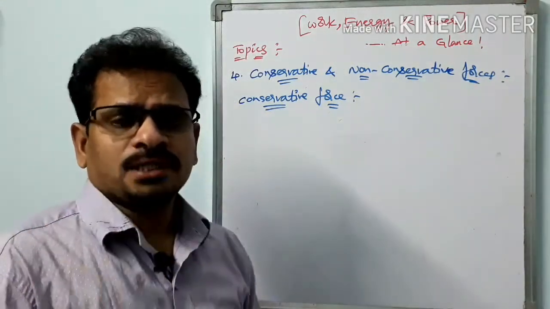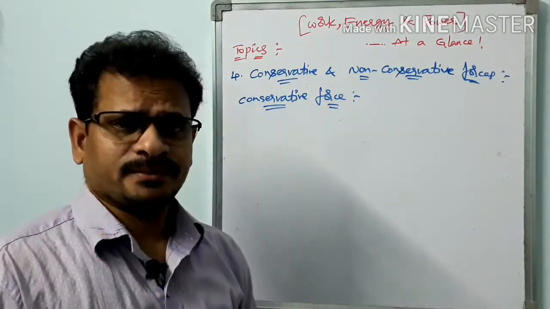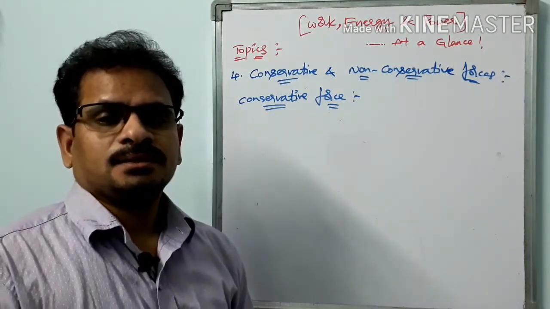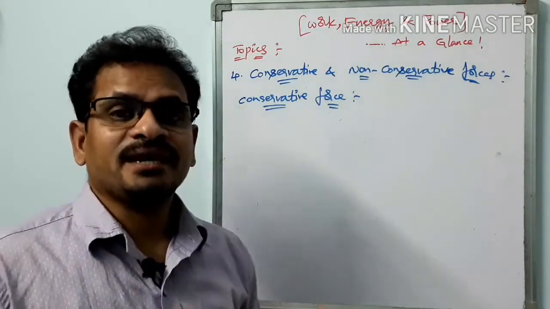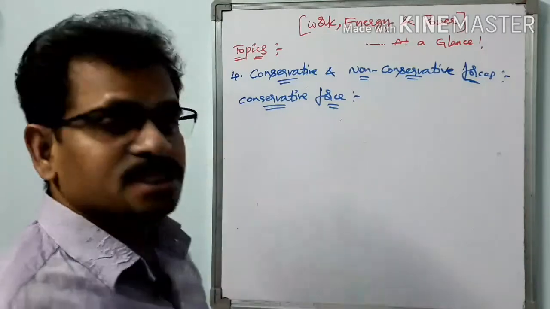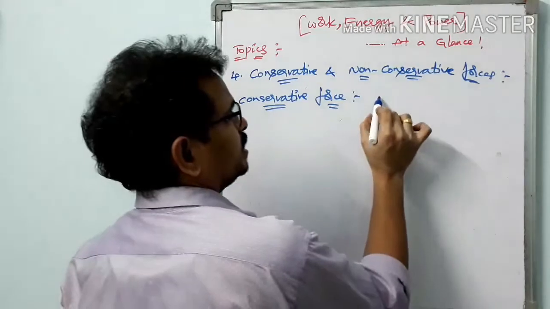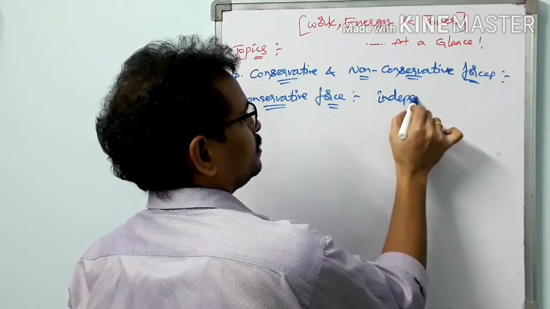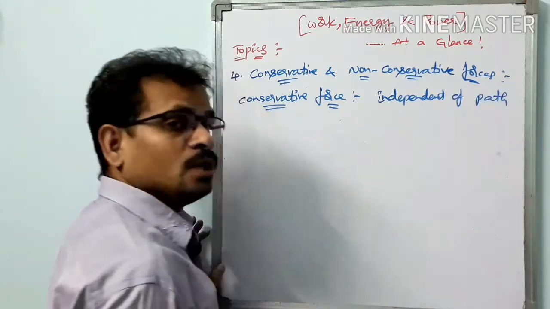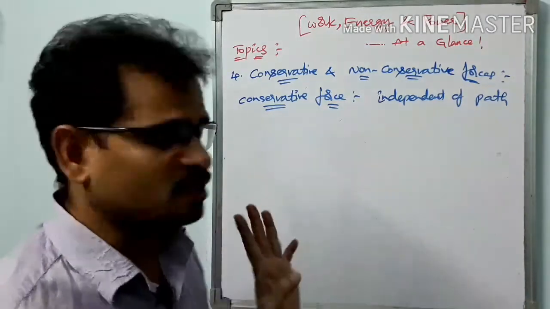If a force acts on a body, and the work done by the force is independent of the path but depends only on the initial and final states of the body, then such a force is said to be a conservative force.